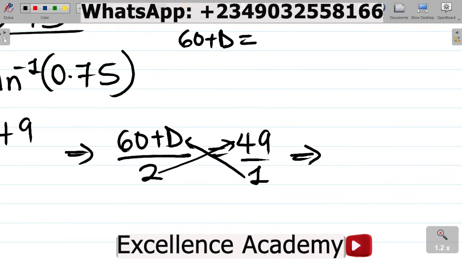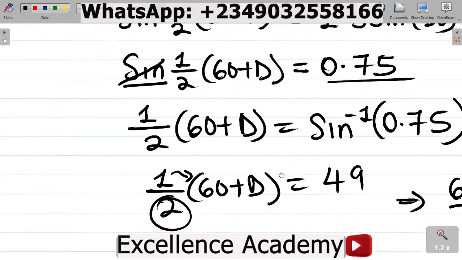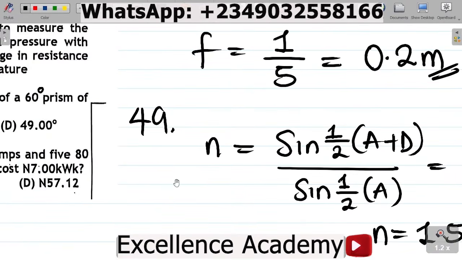That becomes 49 times 2, which is what there? 98. To get D, I'll move 60 over to this point here. Becomes 98, 60 becomes minus 60. So 98 minus 60 gives you 38. So that's the value of D. So D there is 38. And your answer should be in degrees, of course. That's the angle of deviation, 38 degrees.